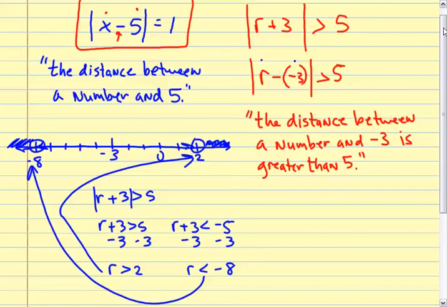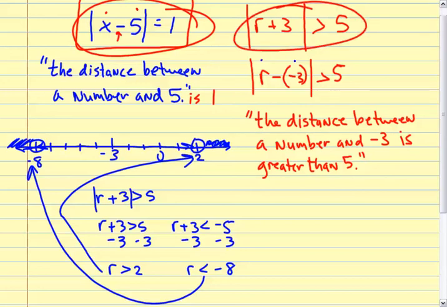Keep that in mind, because they're going to give you an absolute value equation and ask you to write a sentence describing it. The distance between a number and 5 is 1. The distance between a number and negative 3 is greater than 5. You're going to need to be able to do that.